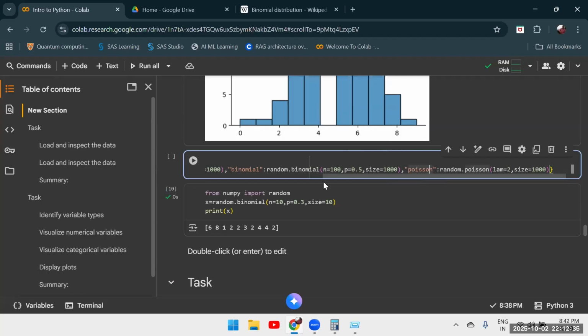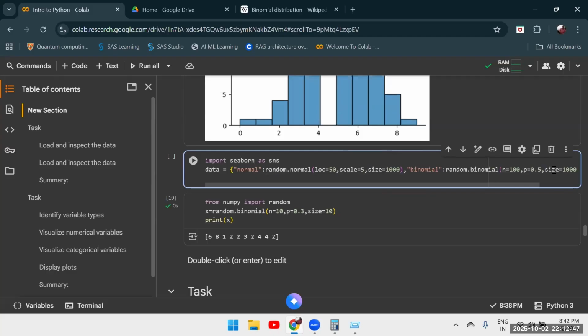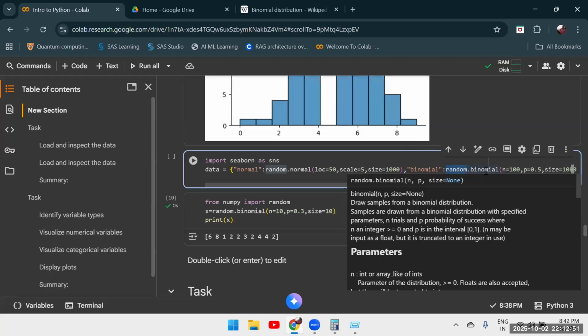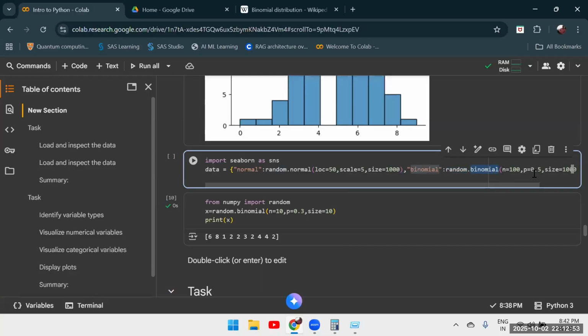This also had a Poisson, but I haven't taken Poisson yet, so I'll remove it. For binomial I'm going to use random.binomial. It will have 3 parameters: n is the number of trials, p is the probability, and size represents the values, basically what we are having.